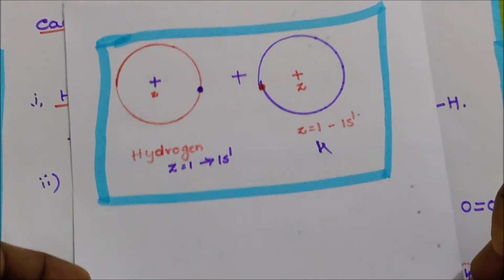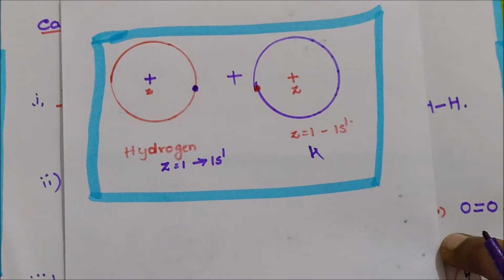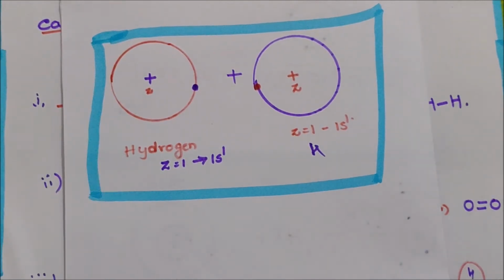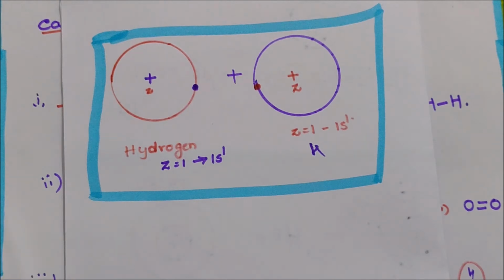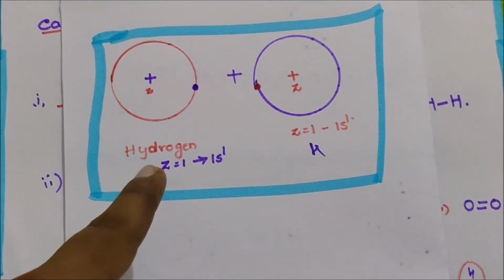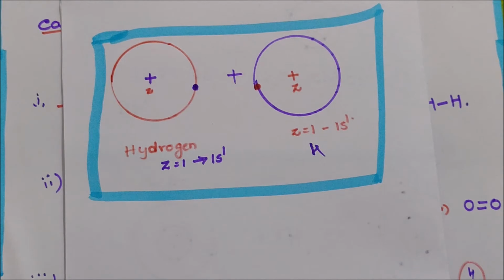See this. Each hydrogen has one orbit, and hydrogen is symbolized as H. The hydrogen atomic number is 1, so the electronic configuration of hydrogen is 1s1. In the orbit, only one electron revolves around the nucleus.